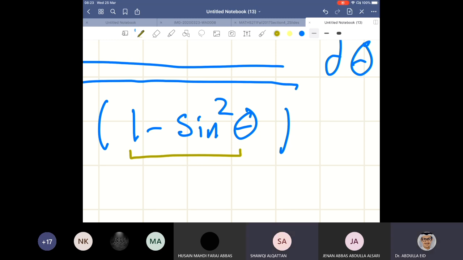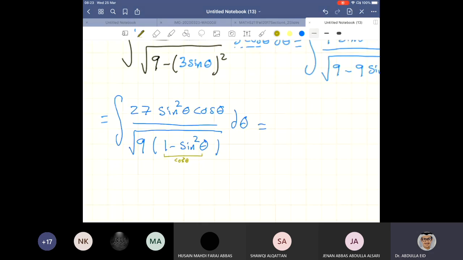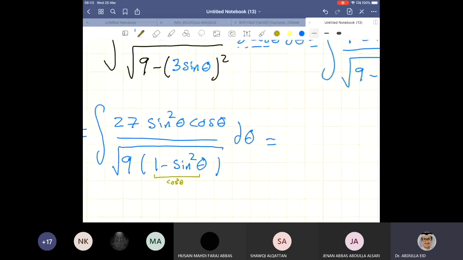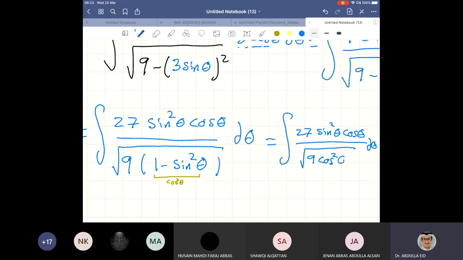Cosine square theta. Exactly. So this is cosine square theta. And all we need to do is write what it is. So this would be 27 sine square theta cosine theta d theta, and here is 9 cosine square theta.